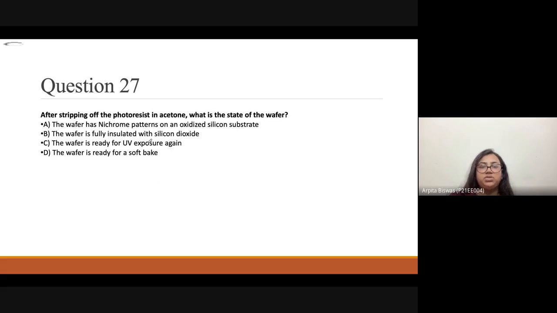So next we move toward question number 27. After the stripping of the photoresist in acetone, what is the state of the wafer? The first option is the wafer has the nichrome pattern on an oxidized silicon substrate. The second option is the wafer is fully insulated with the silicon dioxide. The third option is the wafer is ready for the UV exposure again.